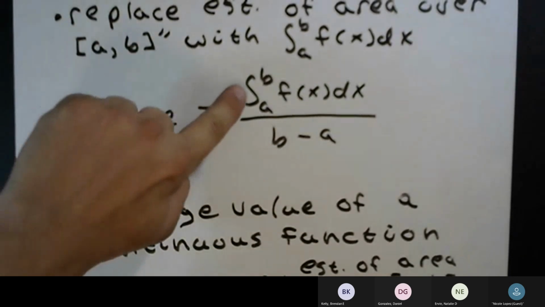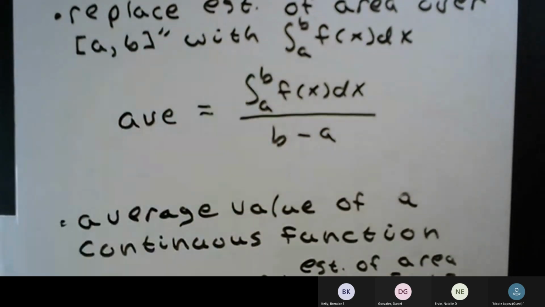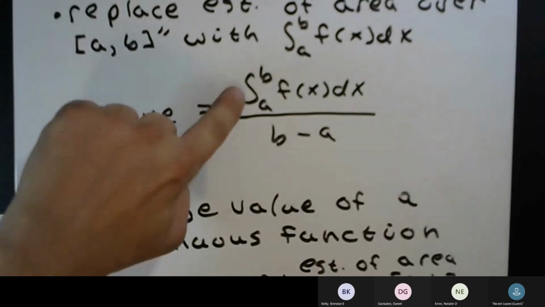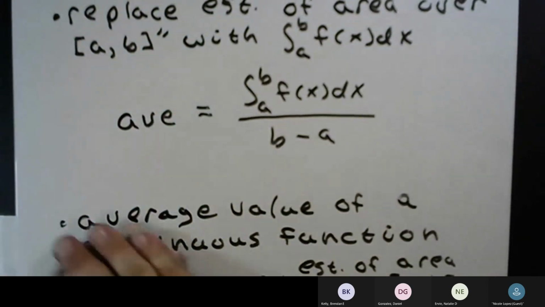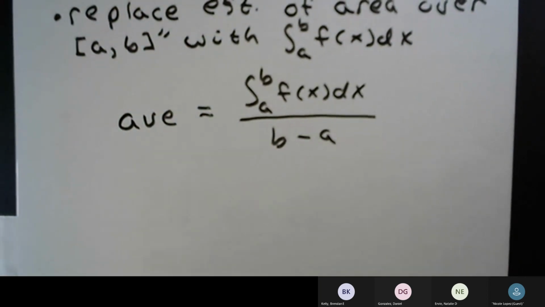And again, we're using this as just a fancy expression for the area between the curve f of x and the x-axis between A and B.